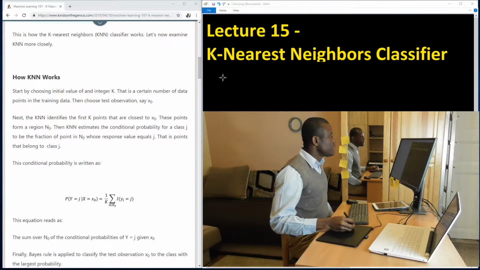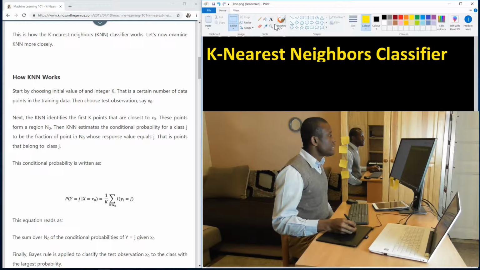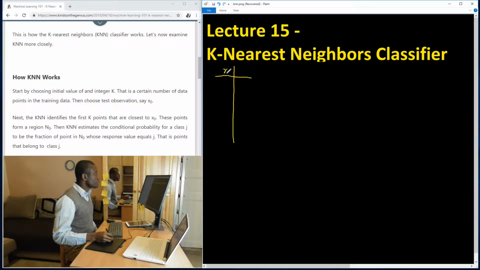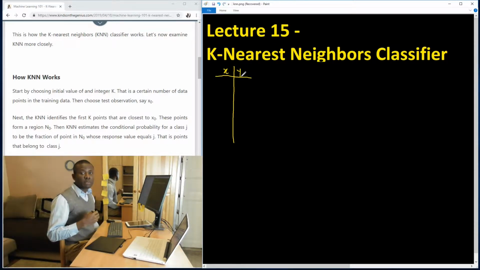So let's set up a data set. Let's say you have a data set, X and Y. Now remember in classification that the Y values have to be categorical or discrete. They are not continuous, meaning they are in classes. So you have Y1, Y2, Y1, Y2, or Y1, Y2, Y3.